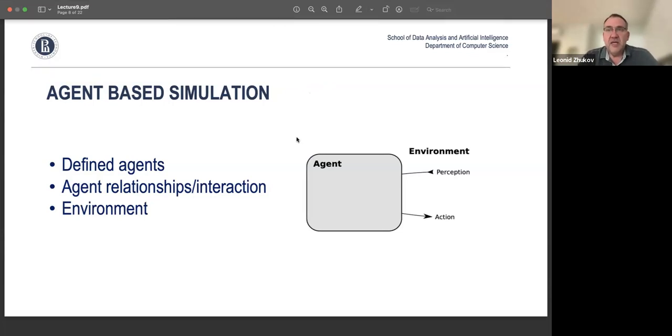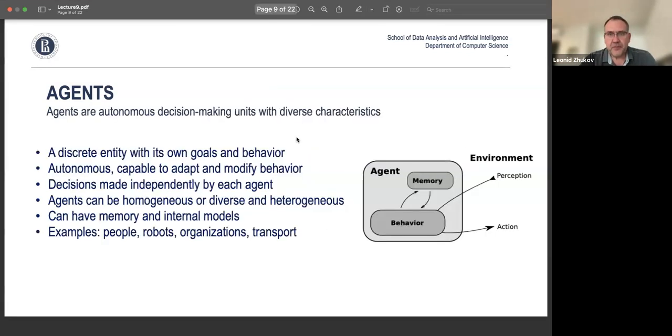Again, actions here, we're not talking about robotics. Not necessarily do you need the agent to move an arm or hand or move stuff, but it could control a robot if needed. So again, we need to define an agent, a relationship, and an environment in which the robot, or agent, lives.